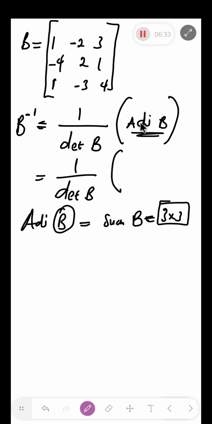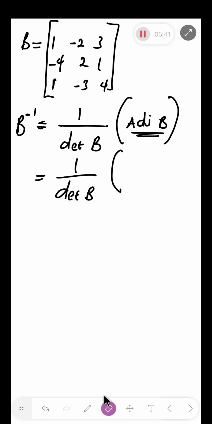If you now want to find the adjoint, the way you are going to do it is different. This formula will change. Let me show you. The formula you are going to use here becomes this: find the cofactor of that matrix B and then take the transpose.